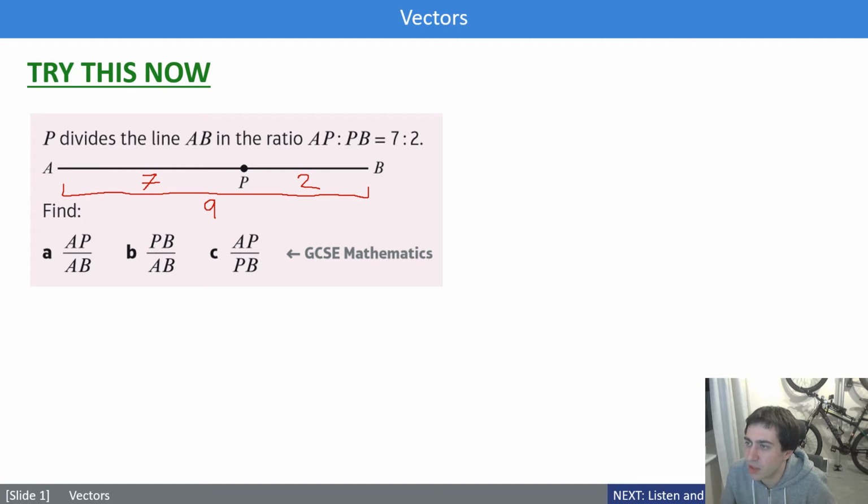So AP over AB, in this case we should have 7 over 9. PB over AB is therefore 2 over 9, and AP to PB we should have 7 over 2. So fairly simple, but we just want to make sure that we've got this down.